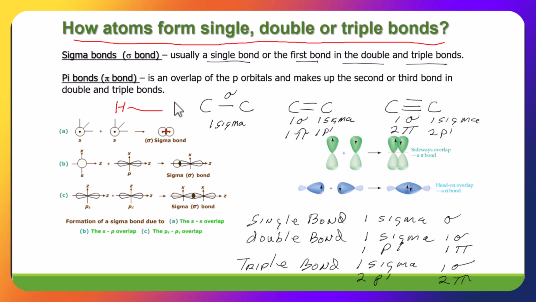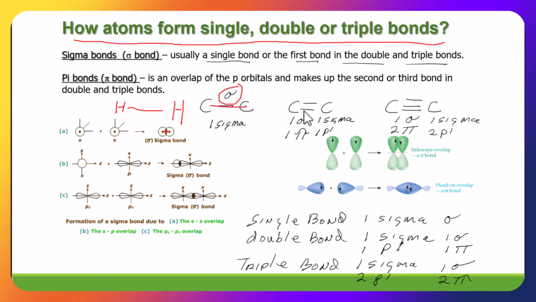You have this single bond here. That's what we call a sigma bond, or a carbon-carbon single bond is a sigma bond. It's along the internuclear axis. It's lined up straight across like that.